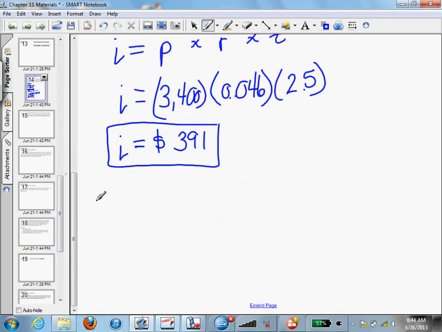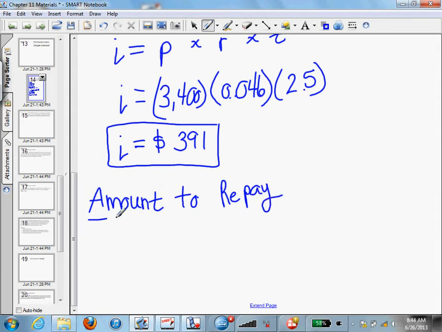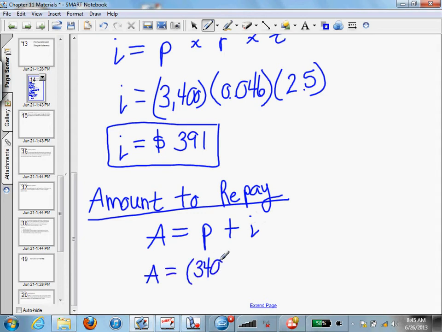Okay, now to look at the amount to repay. We have the formula A, the amount, equals the principal P plus the interest I. So that means A is going to equal the principal that we were working with, which was $3,400, plus the interest that we just found in the first part, which was $391.